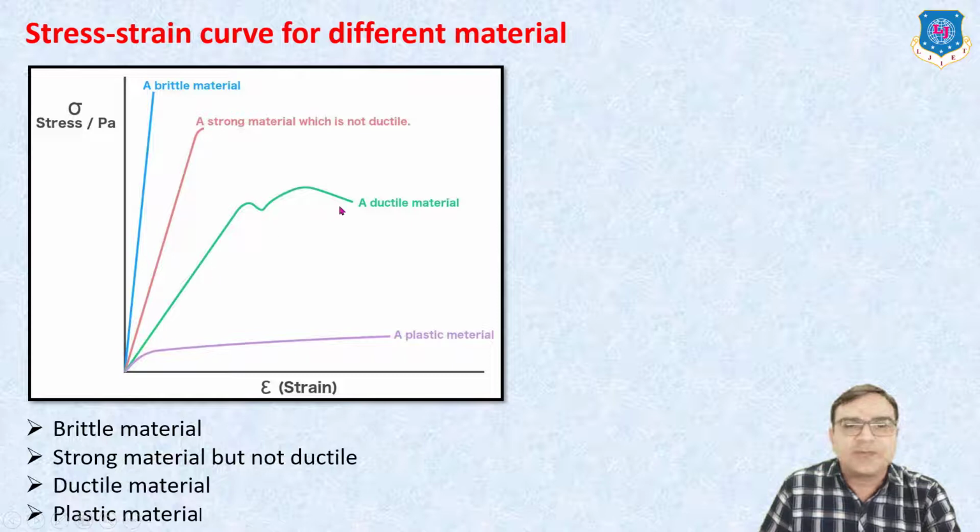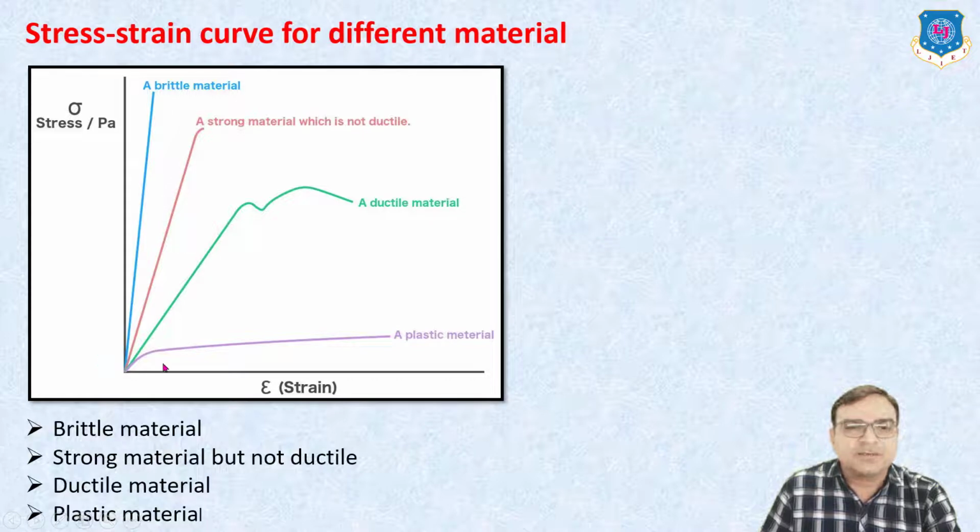For ductile material, as we discussed, the behavior is like this. This is the elastic zone and plastic zone. This is the break point, this is the ultimate tensile strength, this is the yield point, and this slope is the elastic constant. And for plastic material, for a huge strain, it requires low stress.